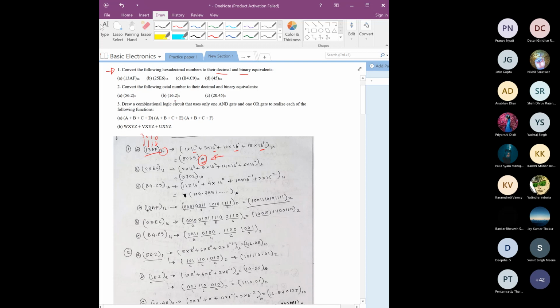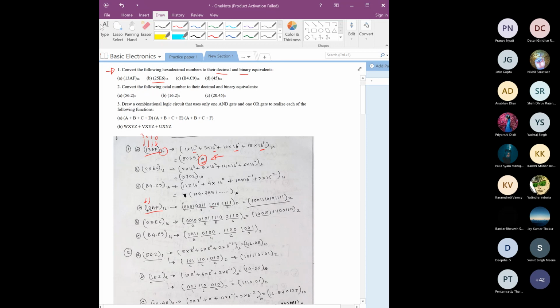Okay. So similarly here, and if we have to convert it to binary, we know how to do that: we take each digit and write its binary equivalent. For example, corresponding to 1, it would be 0001. For 3, it would be 0011.